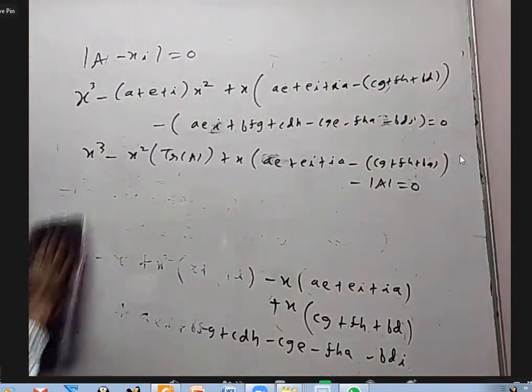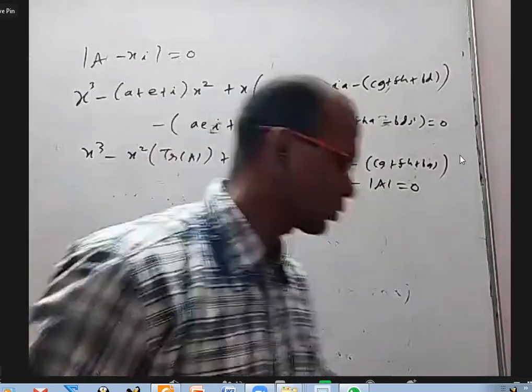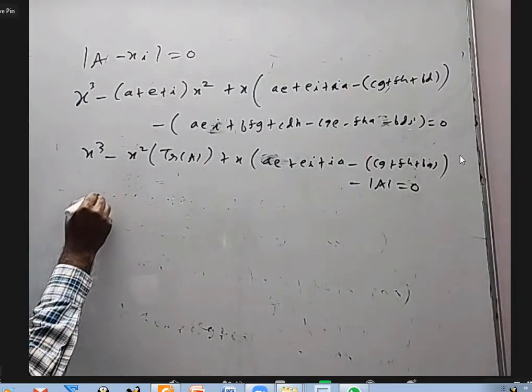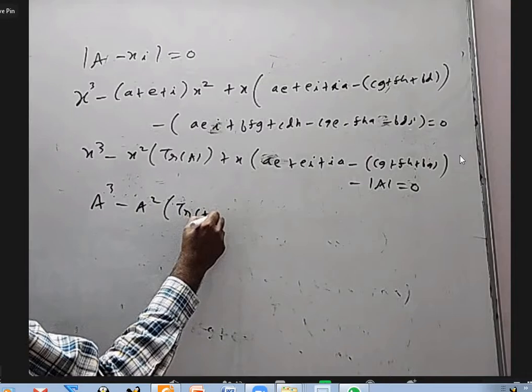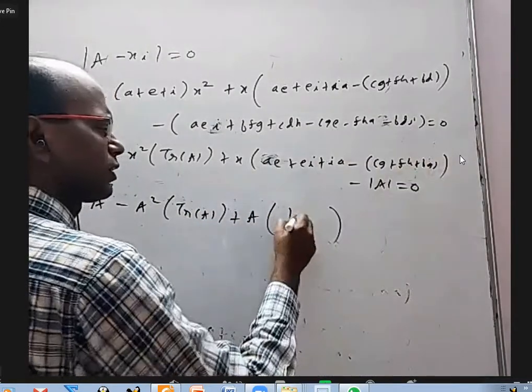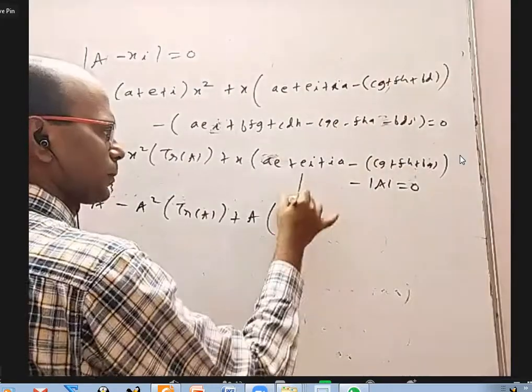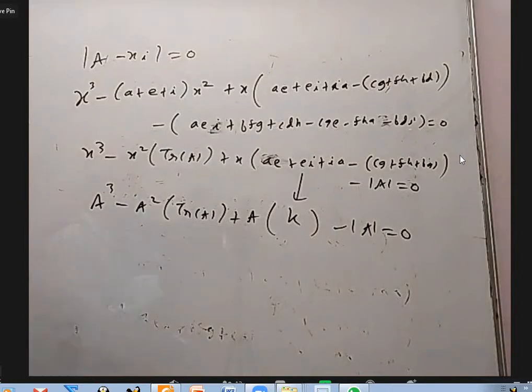And the Cayley-Hamilton theorem says matrix A satisfies this. So when I substitute matrix A in this, I will get A cube minus A square into trace of A plus A into some constant, which I call K for the time being, minus det A equal to 0. So every matrix will satisfy a cubic equation.